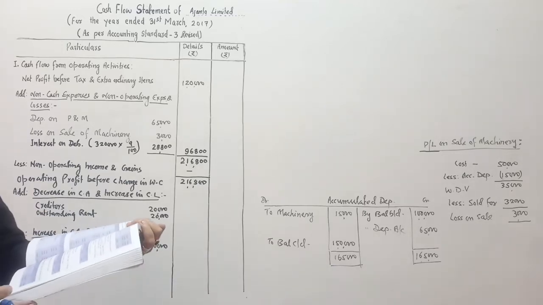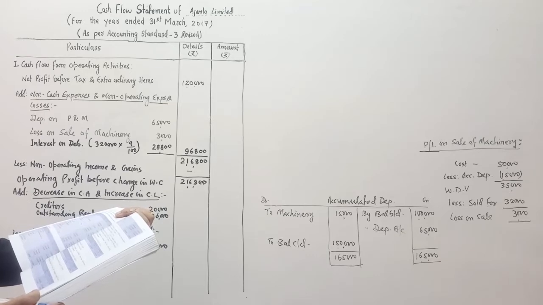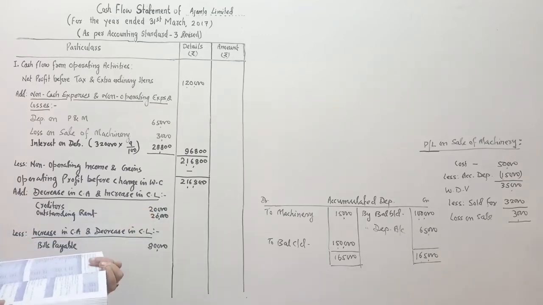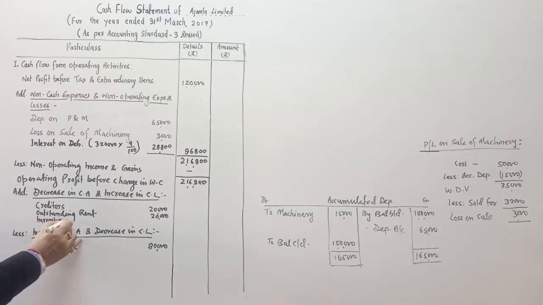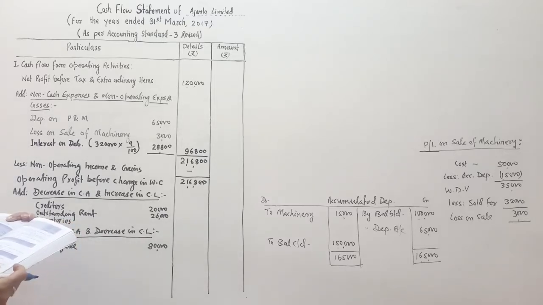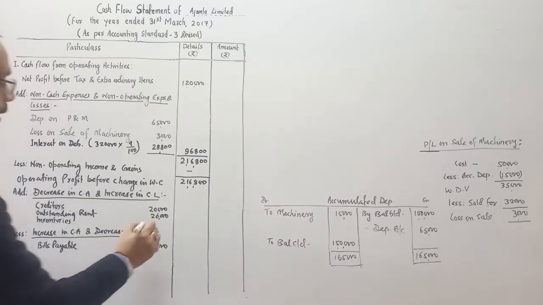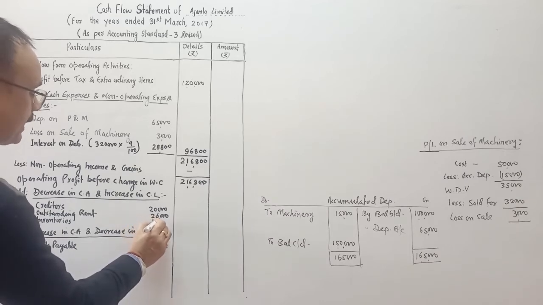Last year inventory was 1,60,000, this year 1,20,000. So inventory is decreased by 40,000.